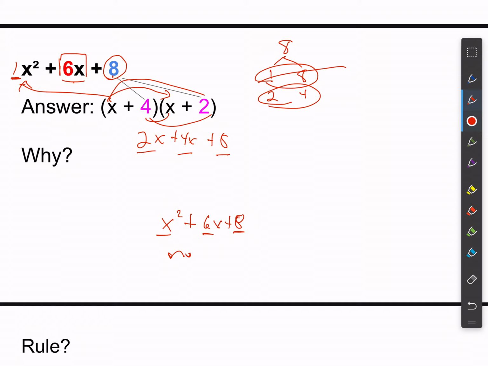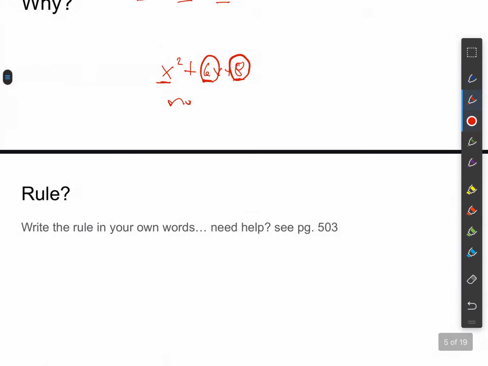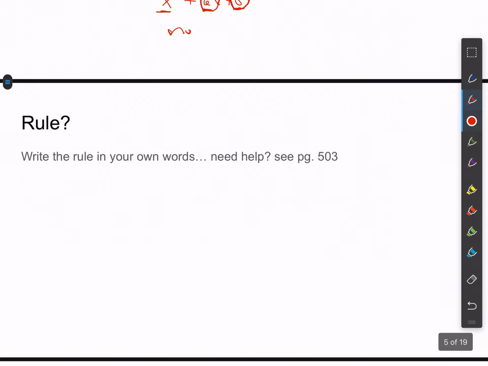Next, we use this strategy that I just taught you guys. Okay, so if I have 3 terms, I'm looking to find 2 things that multiply to give me the last term, but add to give me the middle. Okay, so that's how I got my factors. Okay, so the rule, again, you can write this rule in your own words.